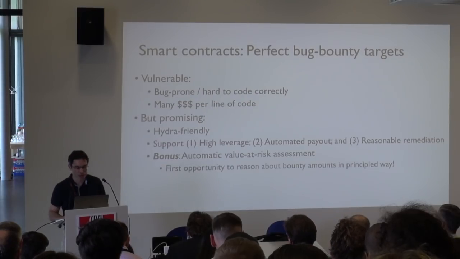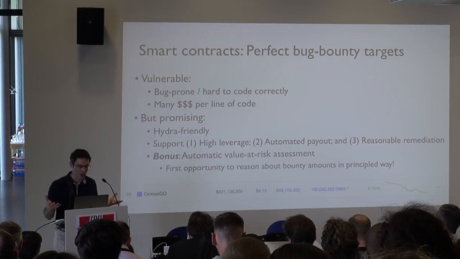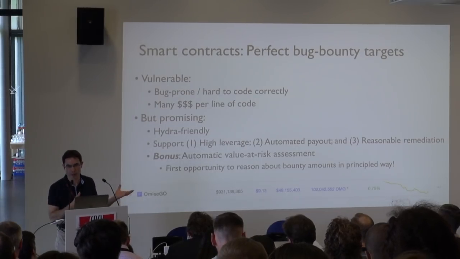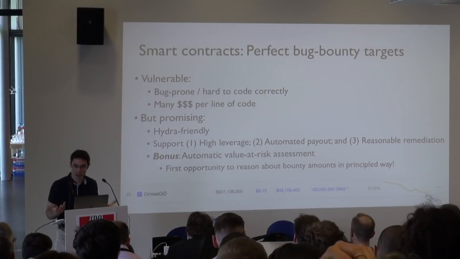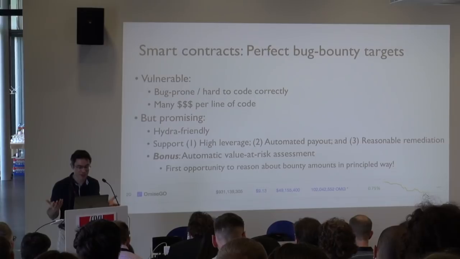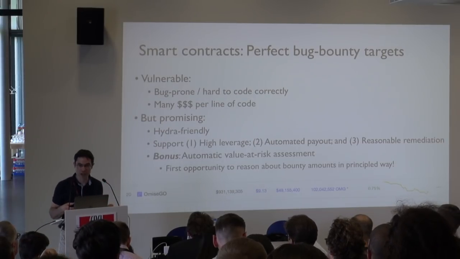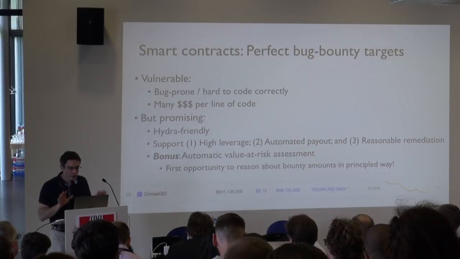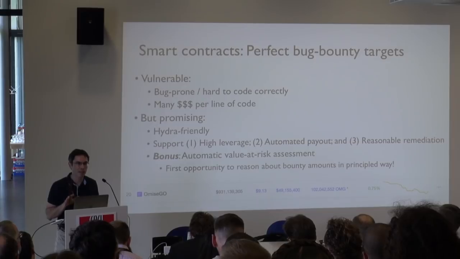You can actually just look it up. Now, if I want to know what the Omise Go smart contract is worth, I go to CoinMarketCap or some other site, and it will tell me what the market value of the tokens it manages is. So, as I said, about $1 billion in the case of Omise Go. So for the very first time in this context, we have the ability to reason about bounty amounts in a principled way.